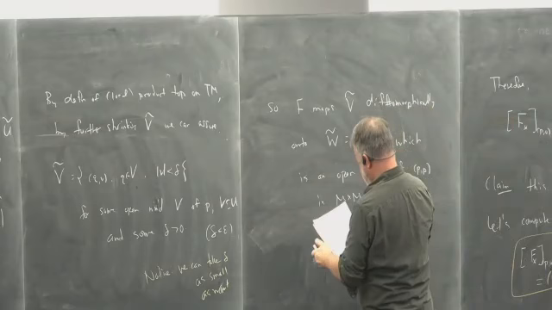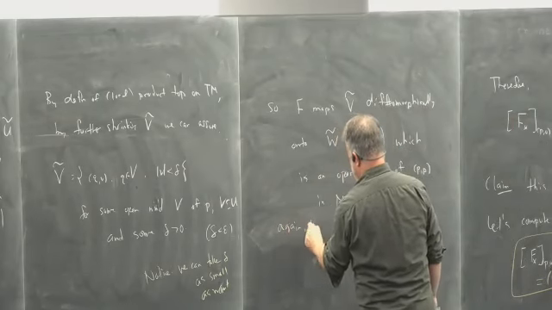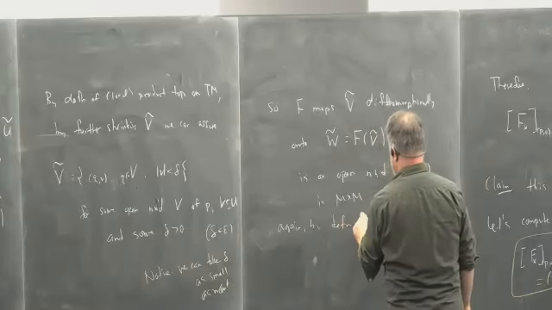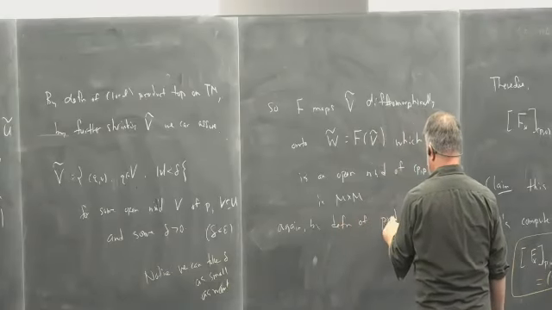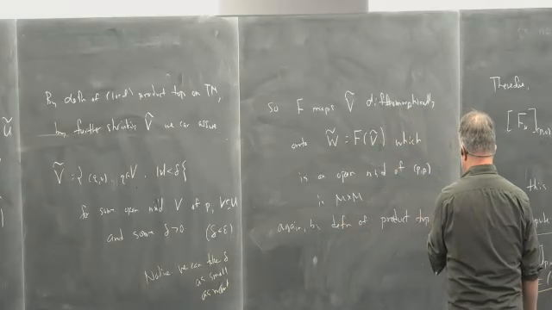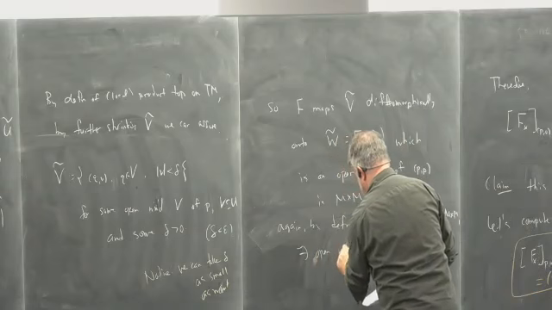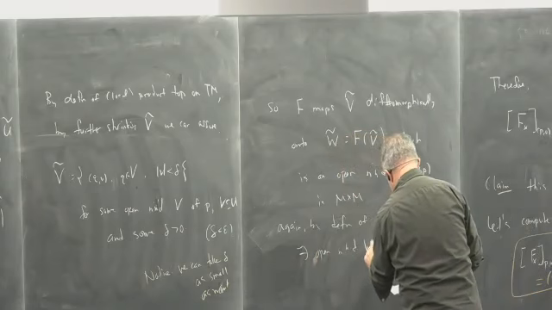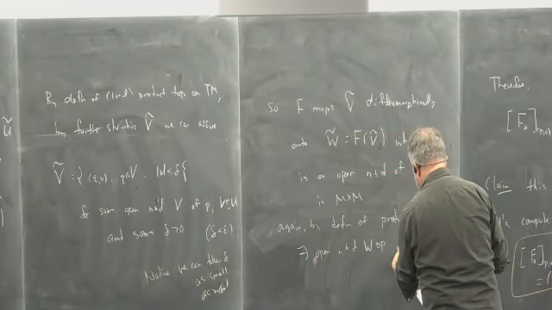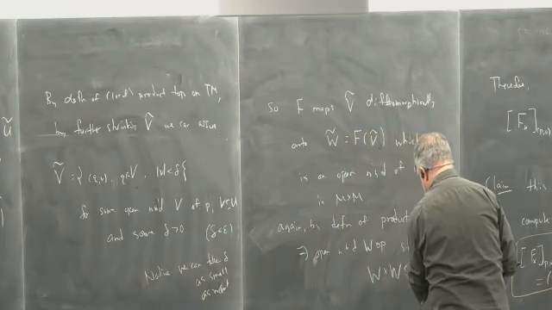Now again, by definition of the product topology on M times M, there exists an open neighborhood W containing p such that W times W is contained in w tilde.